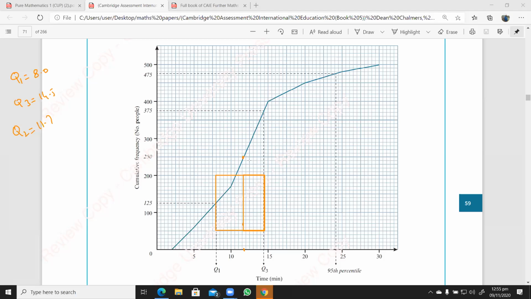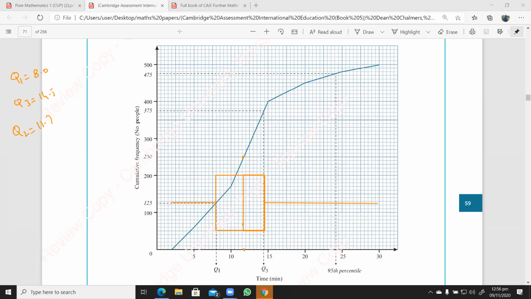And now we have to draw the whiskers. I'll pick the middle of this box, and I'll go up to this. And then I'll pick the middle from here, and I'll go up to this.